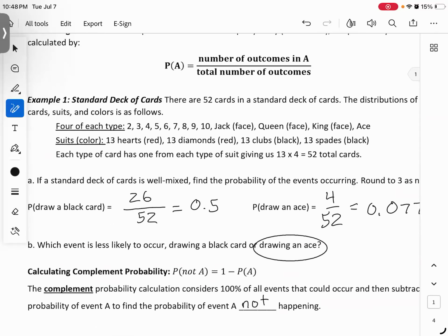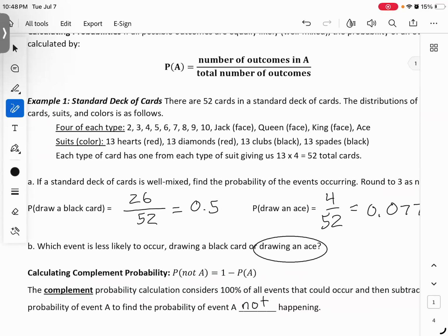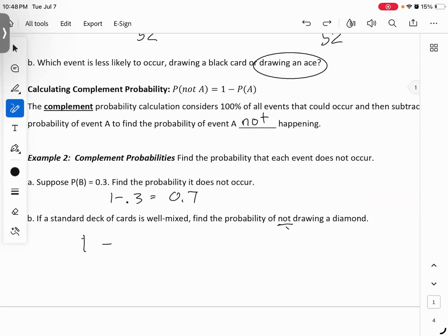And if you're not familiar with the cards, it's helpful to come look back up here. There's 13 diamonds. There'll be one minus 13 out of 52. But notice that 13 out of 52, if you put that in your calculator, that's 25%.